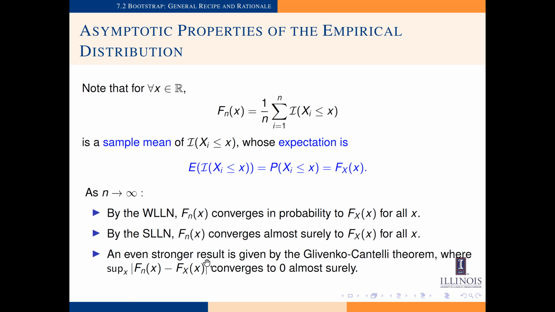This is sometimes known as the Kolmogorov-Smirnov distance, which you might encounter if you learn about hypothesis testing for whether two distributions are equal.